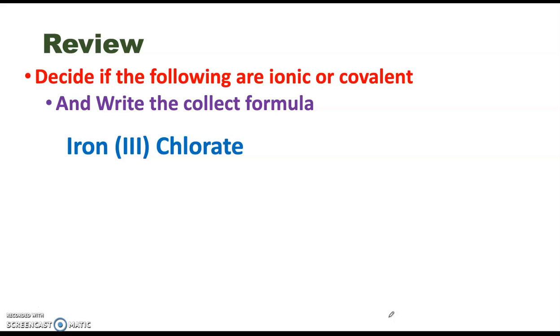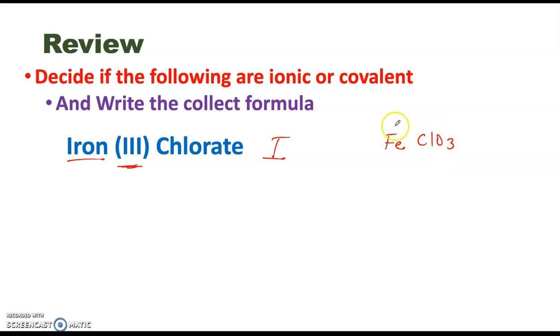Okay, now given the name, is it ionic and covalent? Then write the formula. In this case, we've got iron 3 chlorate. If I see Roman numerals, automatically I'm thinking ionic. There's not much question there. Now the iron is Fe. The chlorate, if I look up on my yellow sheet, is ClO3.